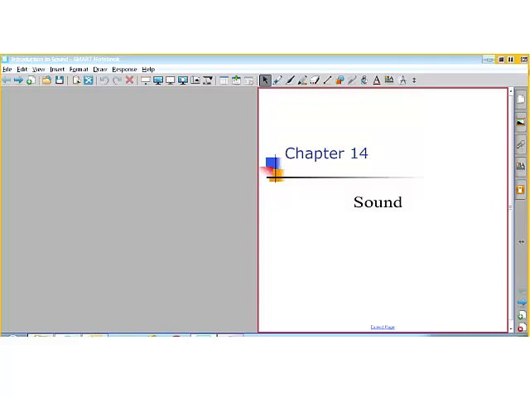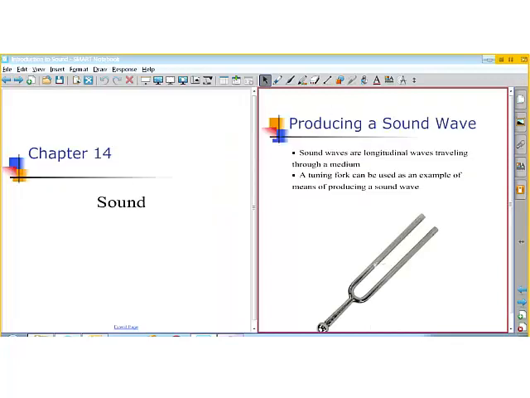There is a disturbance, which is some energy input to a medium, which in this case is air. And that disturbance is propagated through the medium through waves. So the most fundamental way of producing a wave of a given frequency is to use a tuning fork.